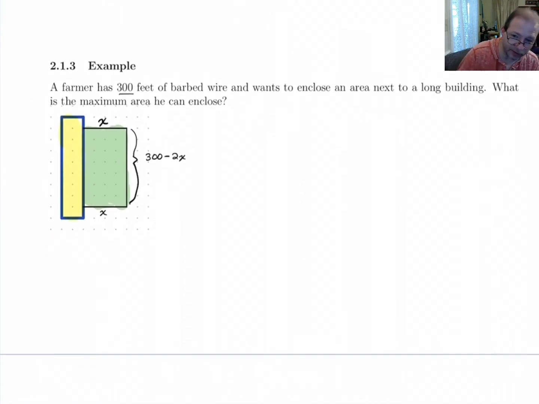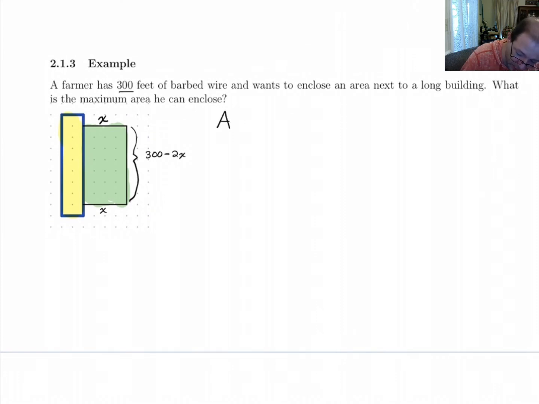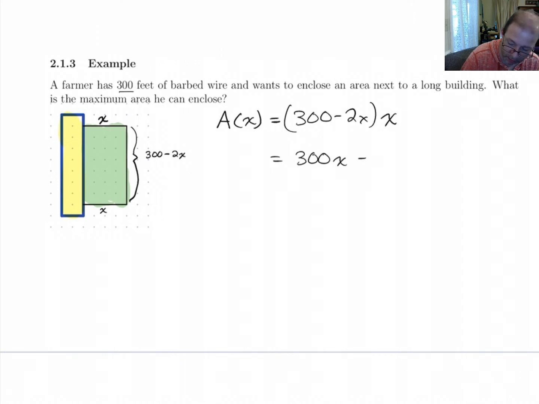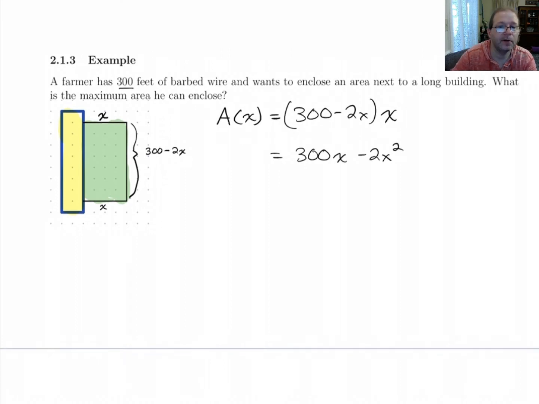So the area of this is going to be length times width, which in this case is 300 minus 2x times x. That right there gives you the area of the pen for any value of x that you plug in. So now let's graph it and then let's actually work out the answer.